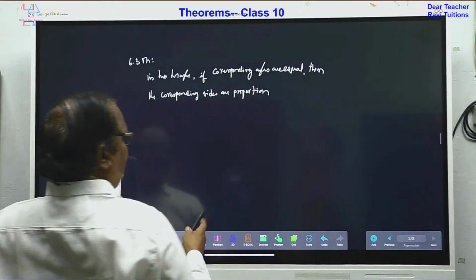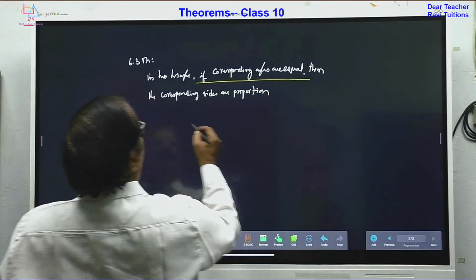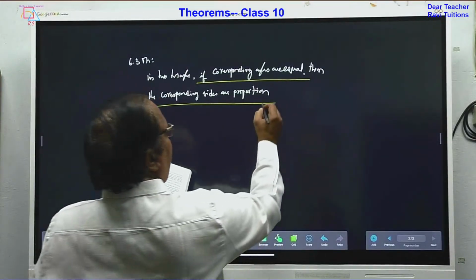So here two things are there: if corresponding angles are equal, then the corresponding sides are proportional.